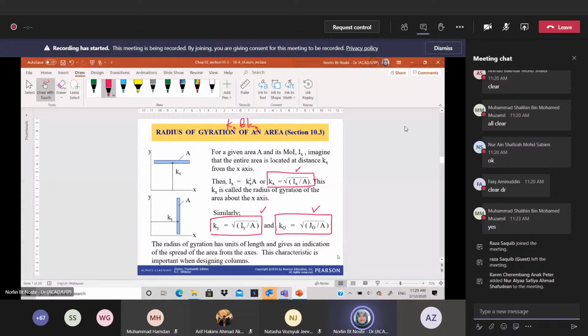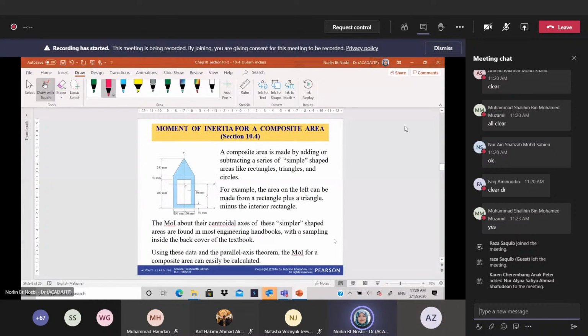Now we look at the moment of inertia for a composite, the last subtopic. I showed you just one shape, for example this curve. But how about when there is a lot of structure in one body like this? This is called a composite.